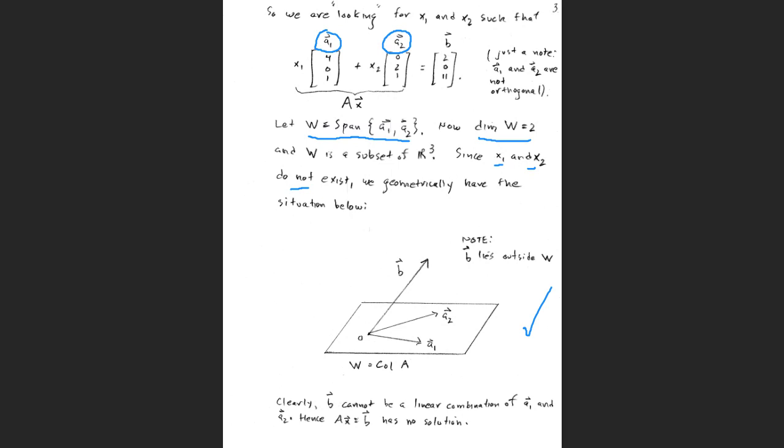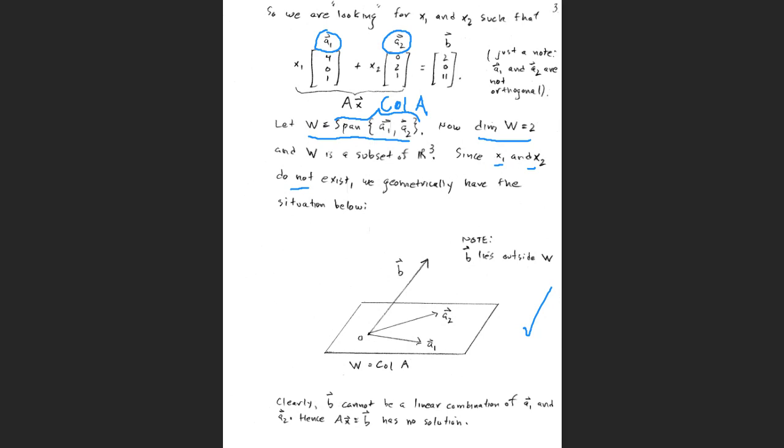So the span of the column vectors of the matrix A, that's by definition the column space of A, right?